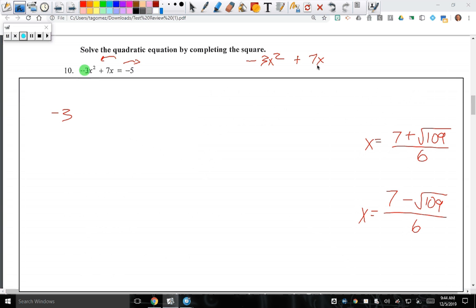This is where it gets real. I need to divide out this -3. So now I have x squared, and I have this -7/3 x. You with me? Now I'm going to leave space for completing the square and put a -5 left over on the right side. This is going to be my completing the square piece.